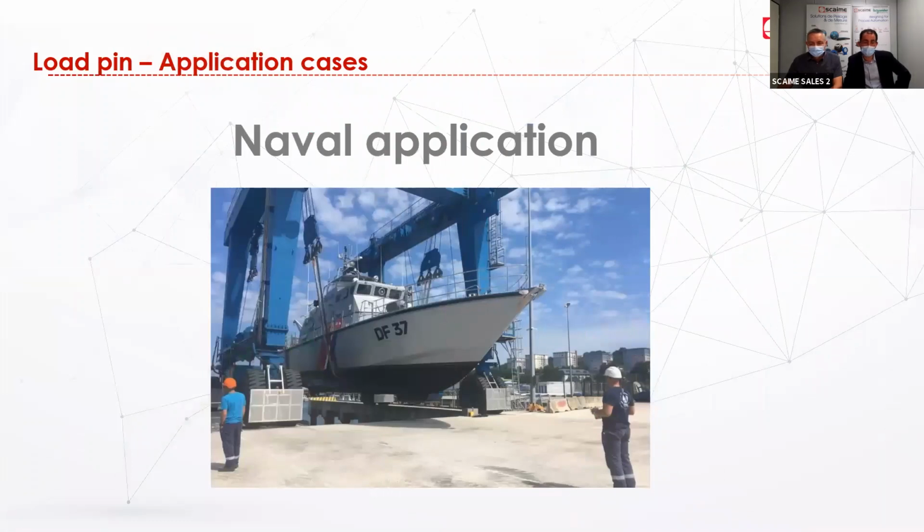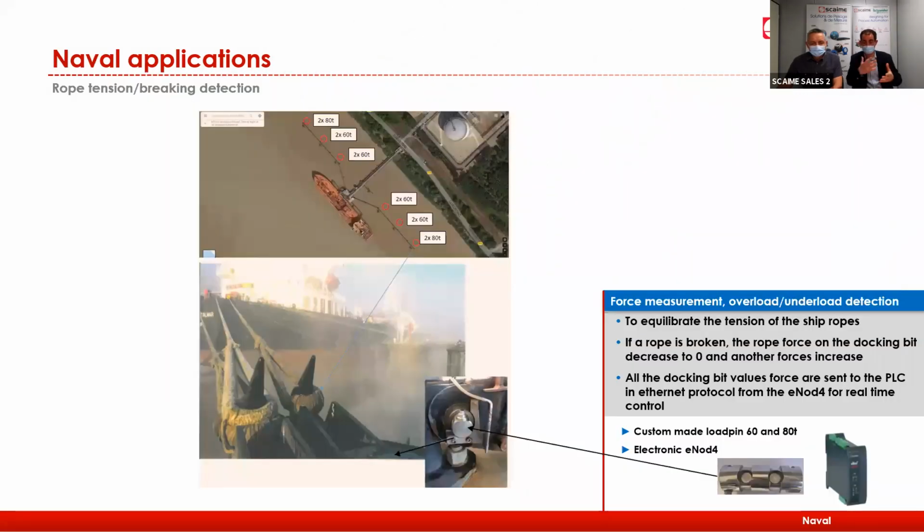A few applications for naval applications. Of course, load pins are mainly used in shipyards, also for lifting applications, as you can see from this picture. But we have some other applications like this one, where load pins were used to measure the tension force applied to the ropes to maintain the ship in its position.